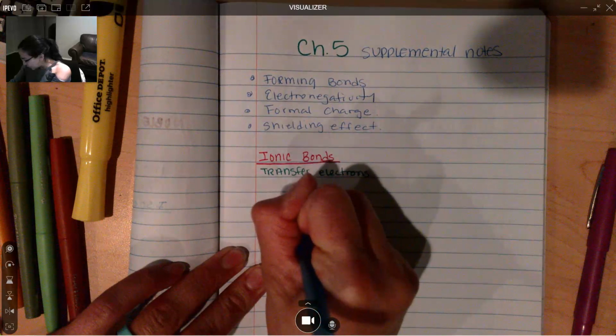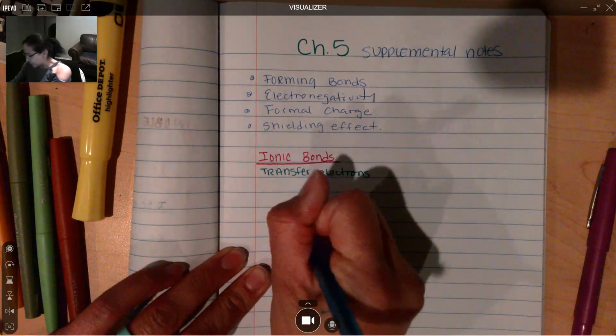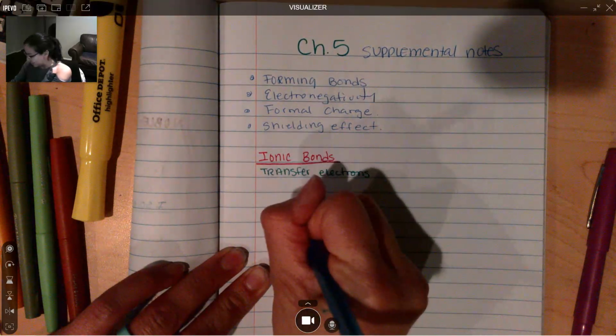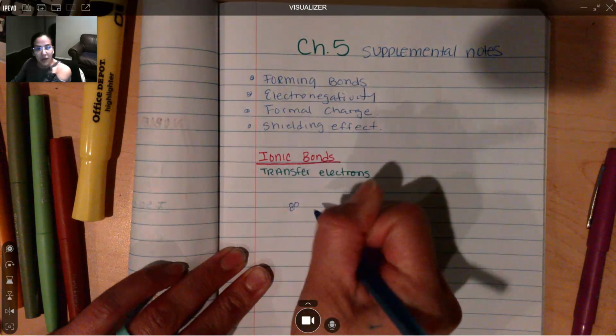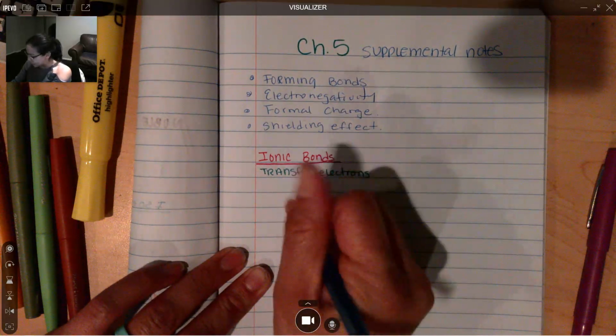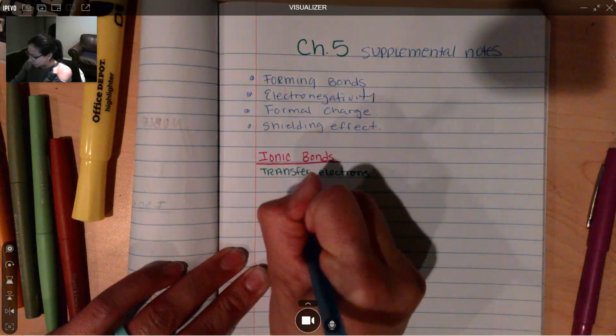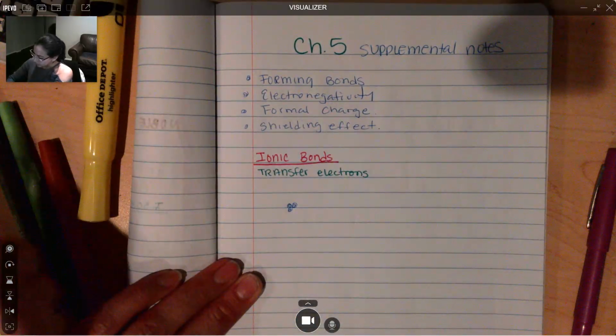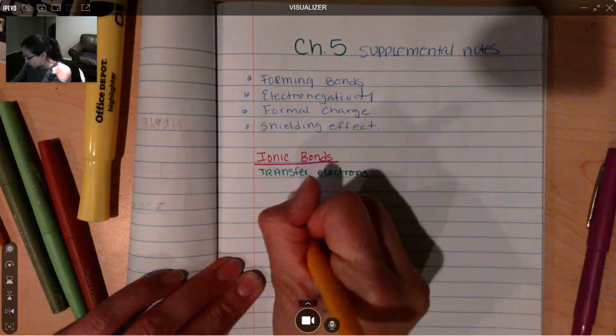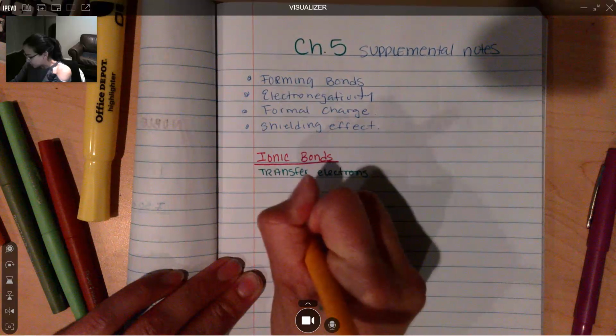So here is my nucleus. I have my example set up here. Let's see. So if I had lithium, which is going to have 3 protons and 4 neutrons.